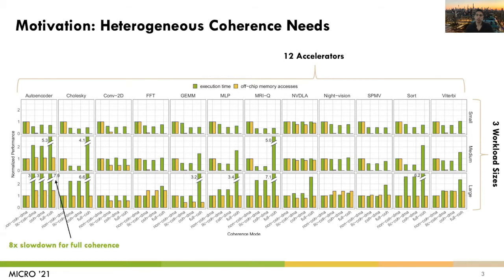Finally, an incorrect selection of coherence mode can be detrimental to performance, as highlighted by an 8x slowdown for the autoencoder accelerator with full coherence. These results show that there is no clear winner for any accelerator or workload size, and that SoCs, and even particular accelerators, have heterogeneous coherence needs.